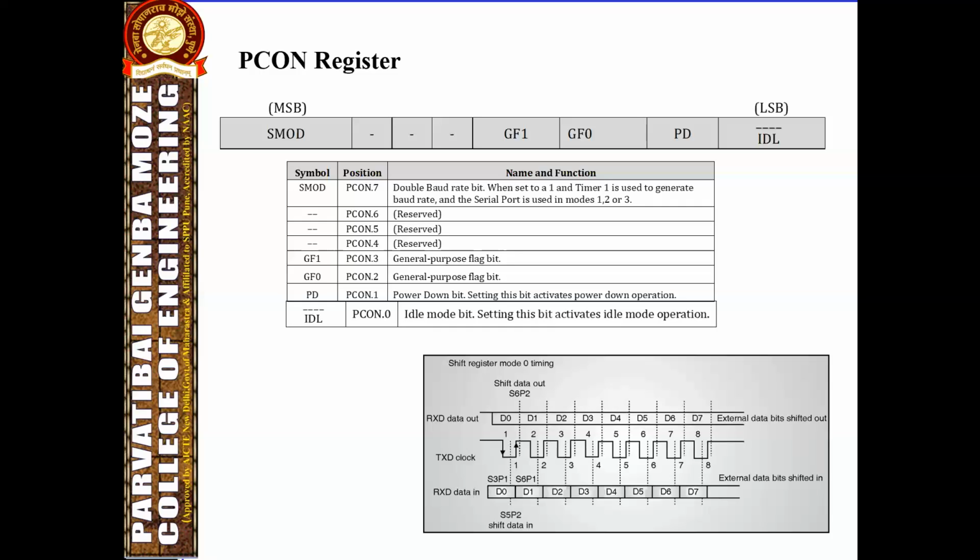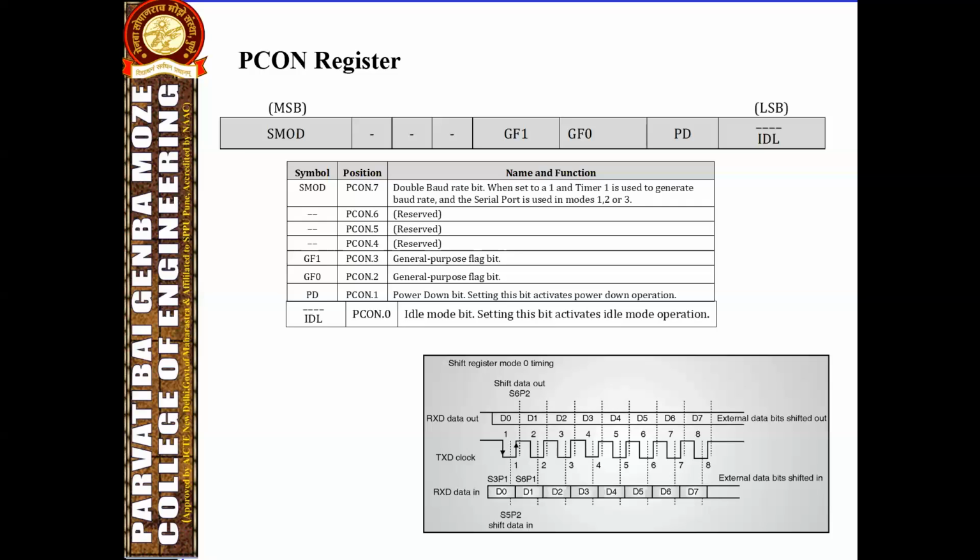Whenever a character is serially transmitted, the transmitting and receiving devices should satisfy this communication protocol.